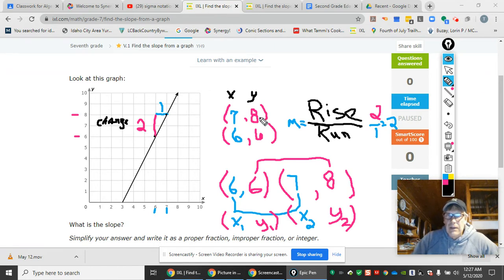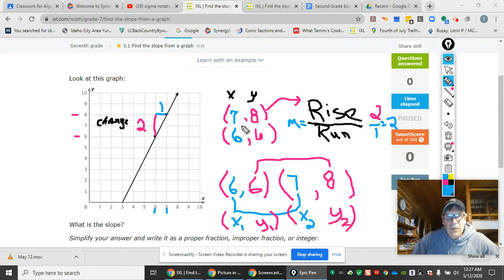So if you look right here, I wrote out, where does the 2 come from? Well, if I look at my y's here, my rise, my pink, is my y values. So this pink is going to go on the top. The y's are going to go on the top. My guess is when you were doing some of these yesterday, some of you probably put the x on the top, but you want to put the y's on the top.